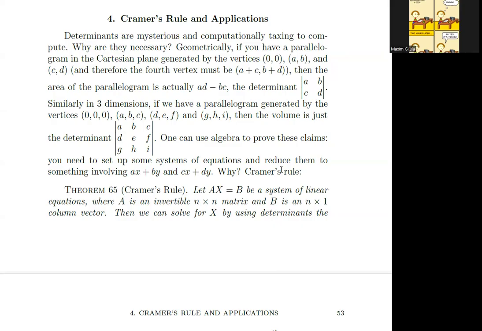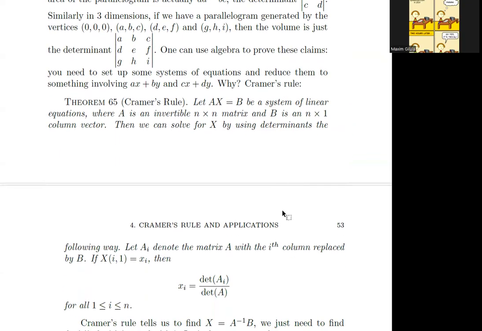So Cramer's rule is one reason why the determinant appears. Assume you have Ax equals b. That's a system of linear equations where A is invertible and b is a column vector. Then we could solve for x by using determinants the following way.